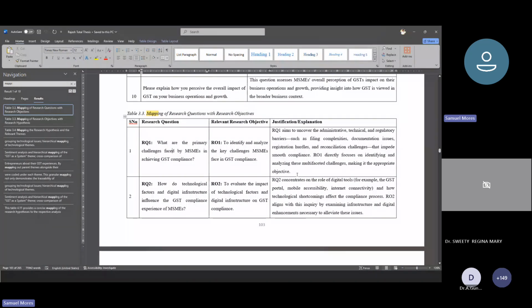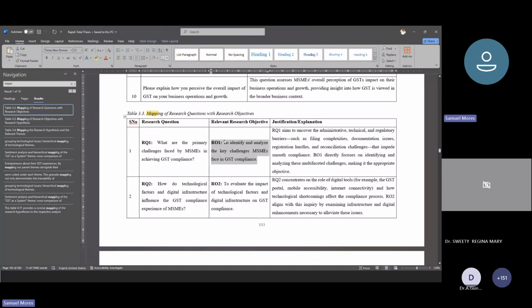A justification has also been given. Research question 1 aims to uncover the administrative, technical, and regulatory barriers, and the research objective directly focuses on identifying and analyzing these multifaceted challenges. They are talking about the same thing. That's why they are mapped. What question is addressed through which objective?